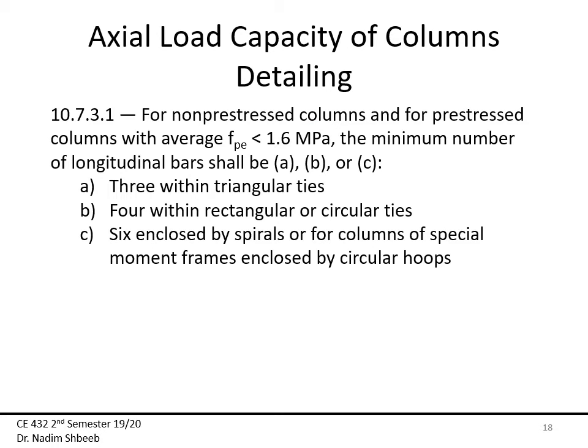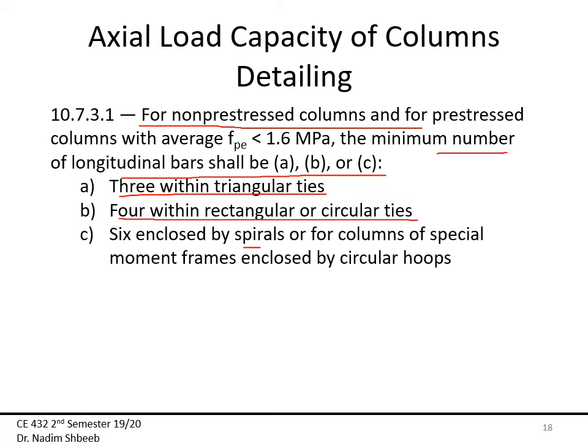Now, another detailing issue is for non-prestressed columns, and for prestressed, which we don't care about here, the minimum number of longitudinal bars shall be A, B, or C. So that has nothing to do with the 1% provision. It's an added thing. If I have triangular ties, I must use 3, which is at each corner. If I have rectangular ties, then I need to use 4, again at each corner.